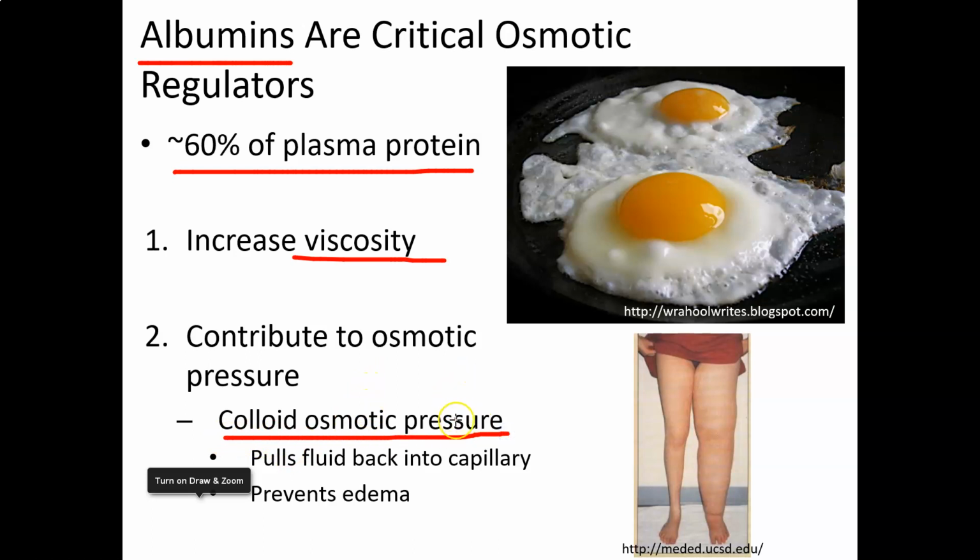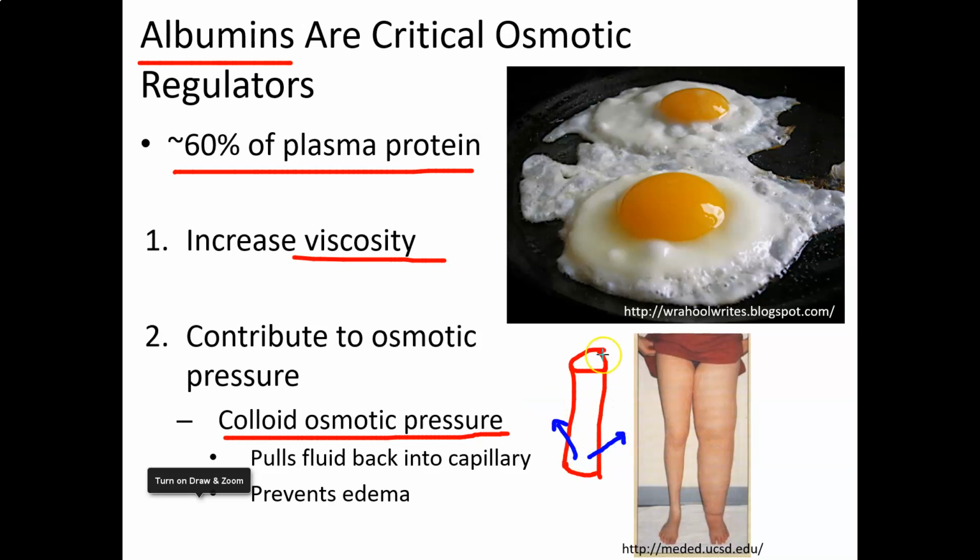And basically, when blood goes through a capillary, so if this was a capillary, okay, so here's my capillary where blood's going through, what would happen is at the beginning of the capillary, water would be forced out, okay?